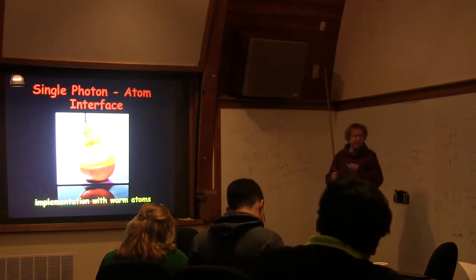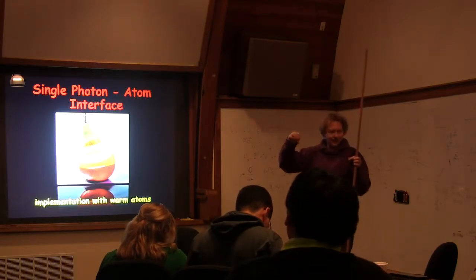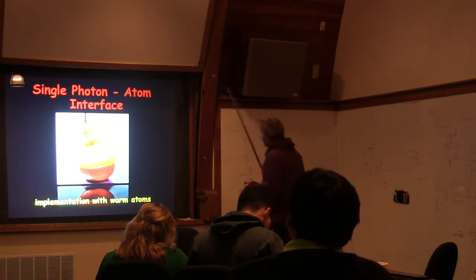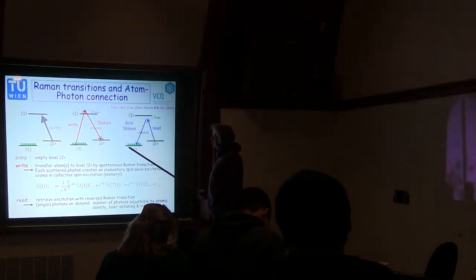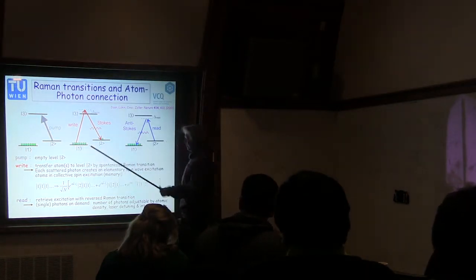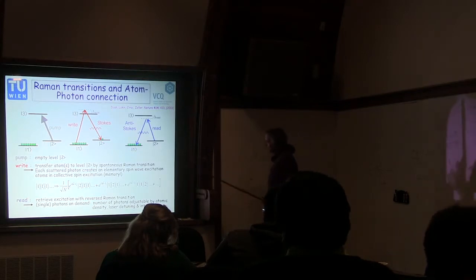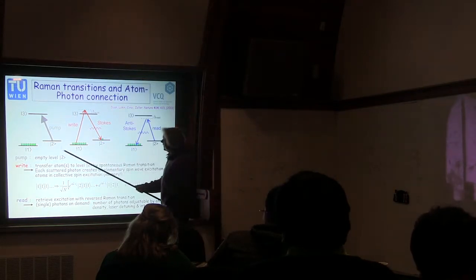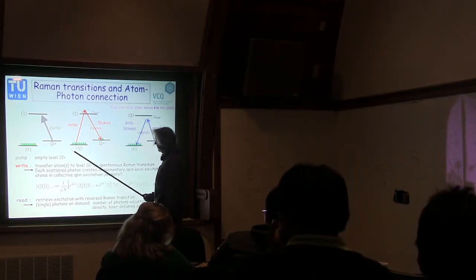The idea was that you take a gas cell of rubidium, and you can use that as a quantum memory. The idea behind Peter Zoller's proposal was the following: you have a three-level system, which can be very easily done in an atom like rubidium or cesium. You have two ground states and an excited state, and with optical pumping, you put everything in one of the ground states.